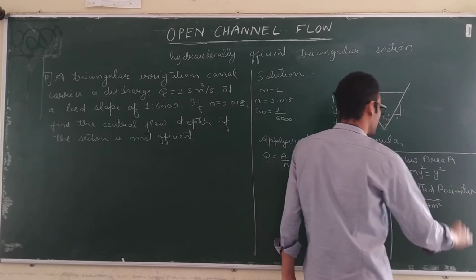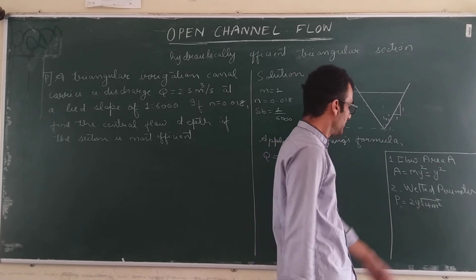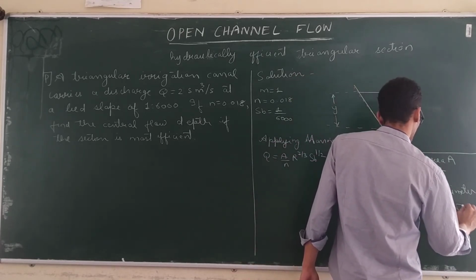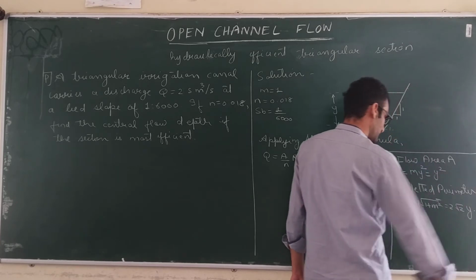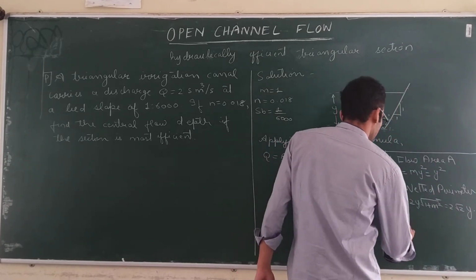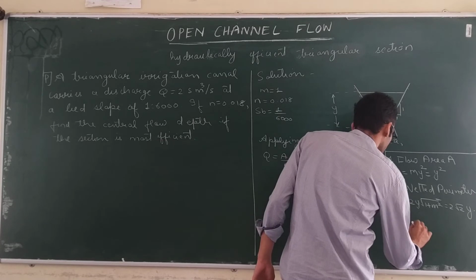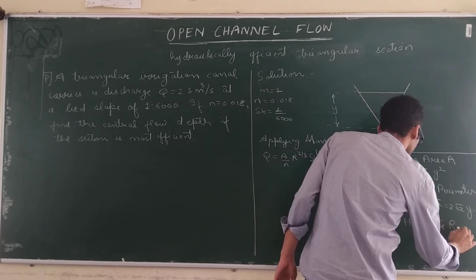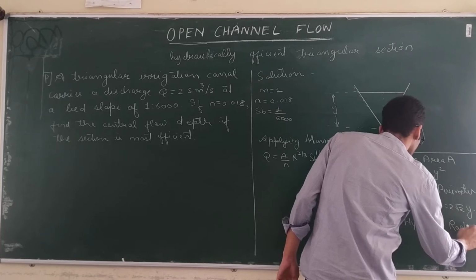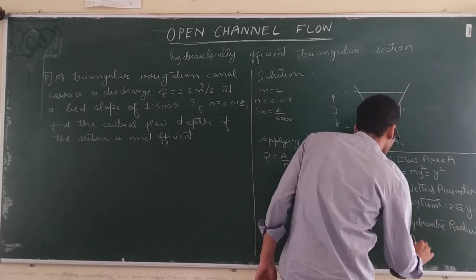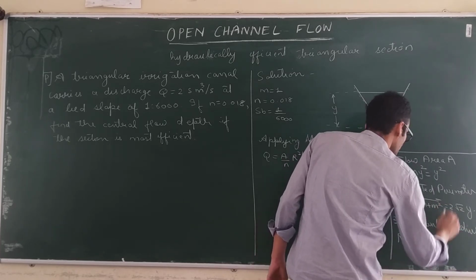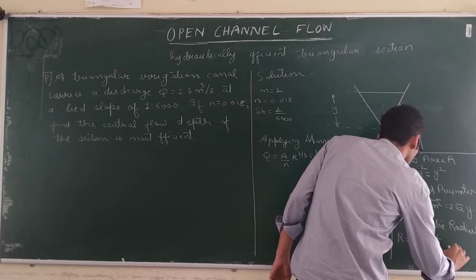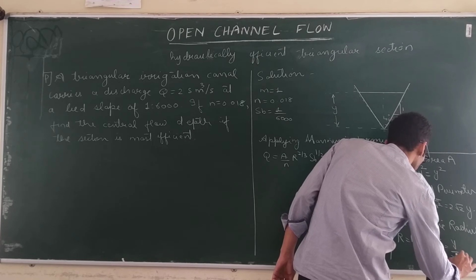Okay, this is a generic formula, we have already derived this. But here m is 1, so just put the values, it will be 2 root 2 into y. Then third is hydraulic radius we need. So R will be equal to A by P, so it will be y square upon 2 root 2 y, so that will be y upon 2 root 2.